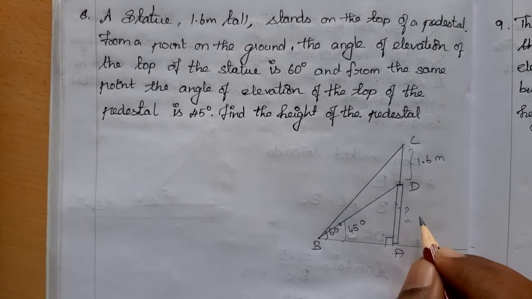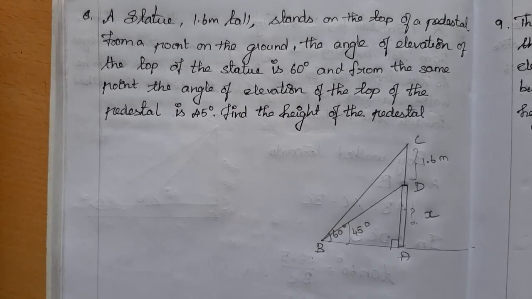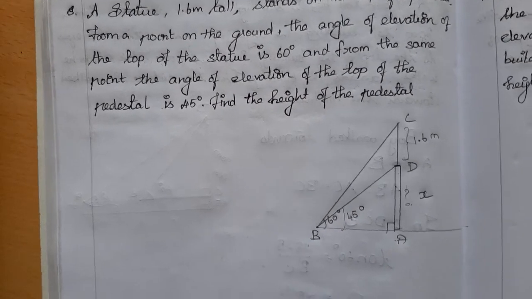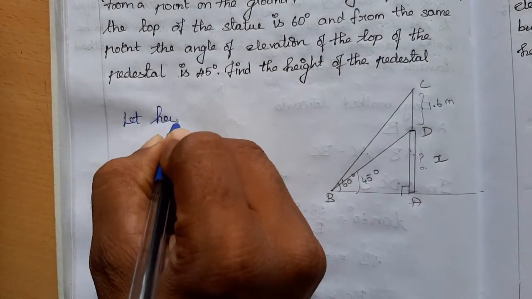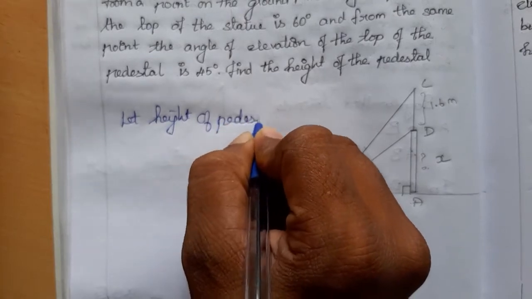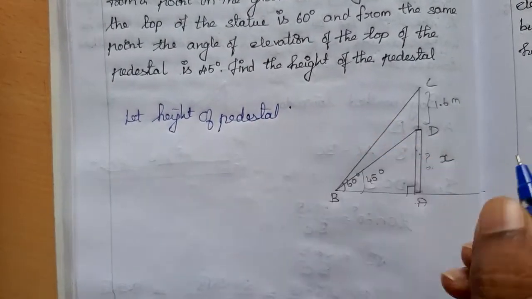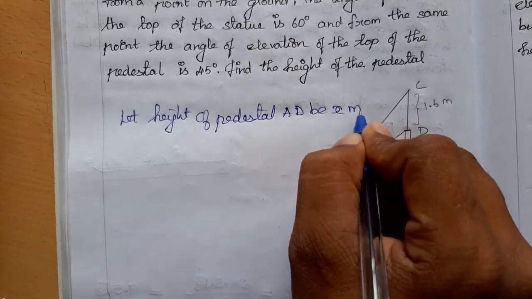Then we can find. So let the height of the pedestal AD be X meter. That is what we have to find.